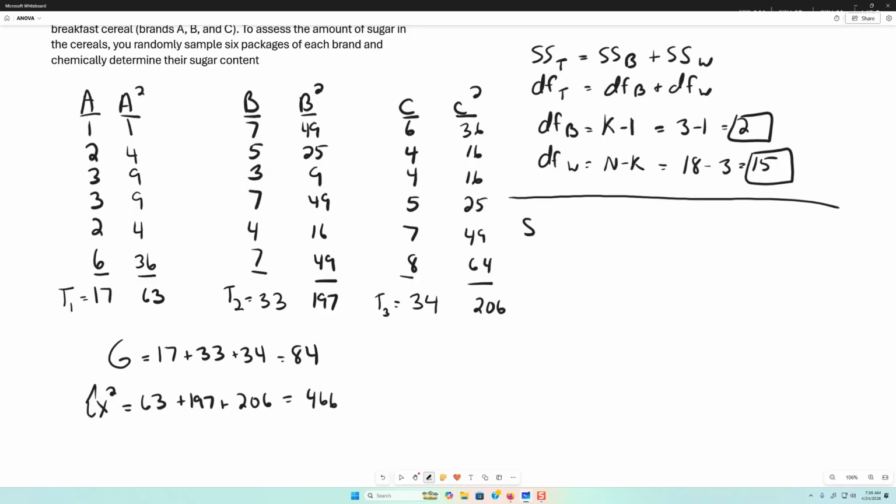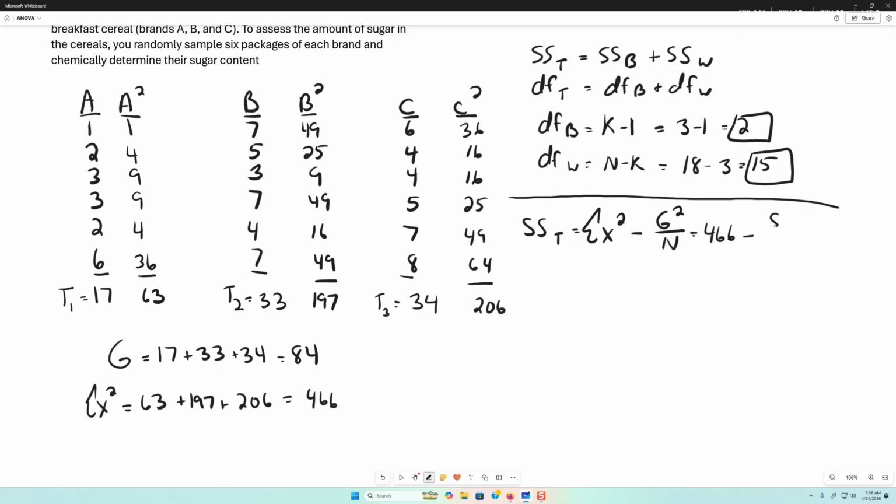So we start with the sum of squares total. The sum of squares total is equal to the sum of x squared minus G, the grand total squared, over N, the total sample size. So sum of x squared we have already, 466, minus G, which is 84.